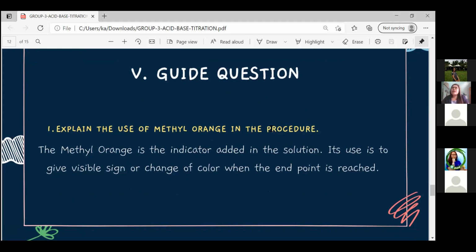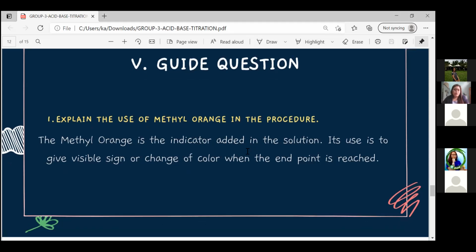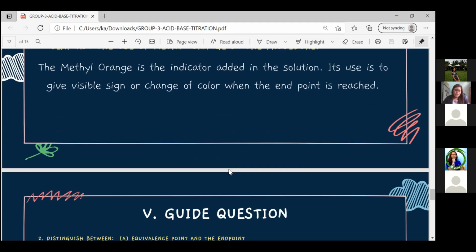Supposedly, that is the equivalence point, but the equivalence point is just a theoretical point. We cannot observe it using our eyes. So we use an indicator, because when there is a change in pH, there will also be a change in color. That will signify the endpoint for the titration.